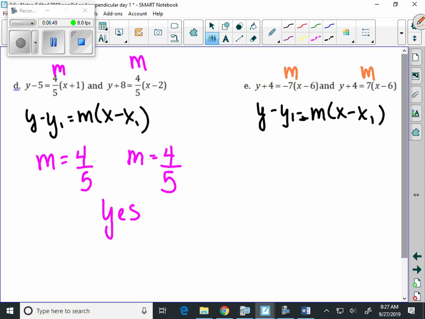And it's here. It's the coefficient, the number in front of the parentheses. To the left, our slope is negative 7. To the right, our slope is positive 7. And again, parallel lines have the same slope. So this is no.